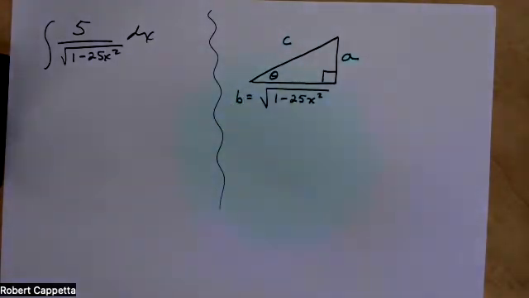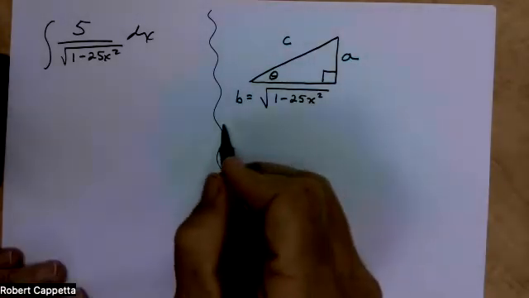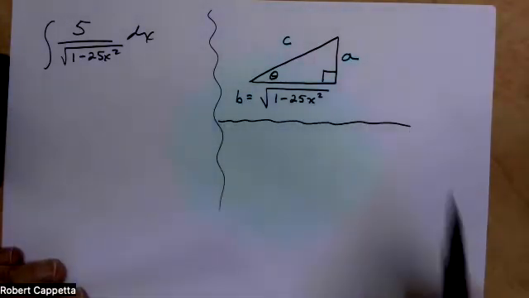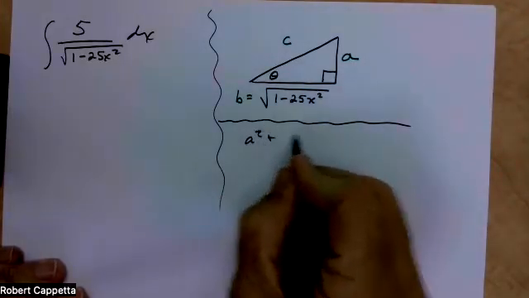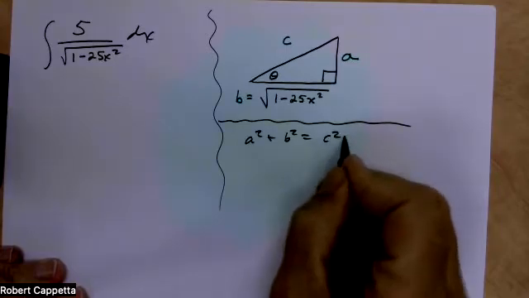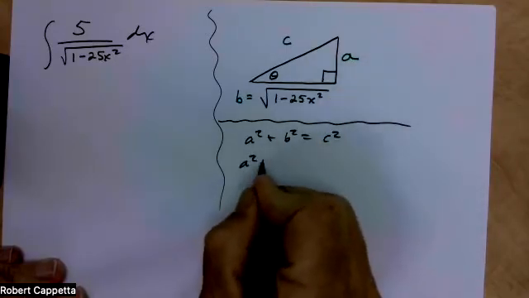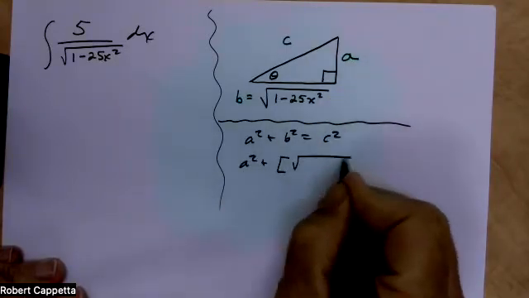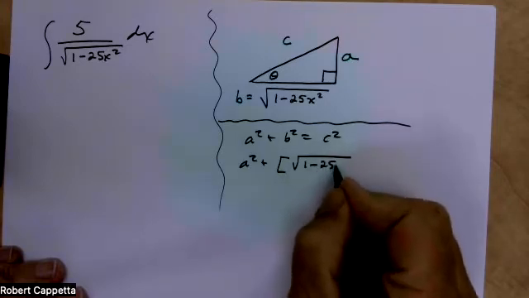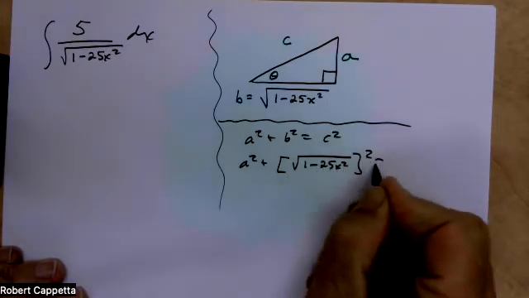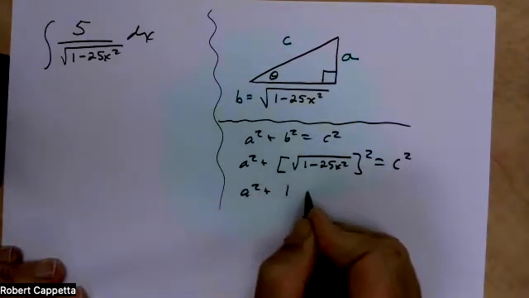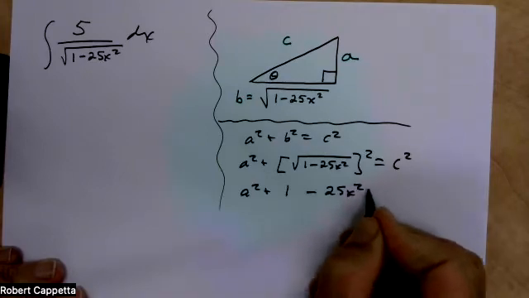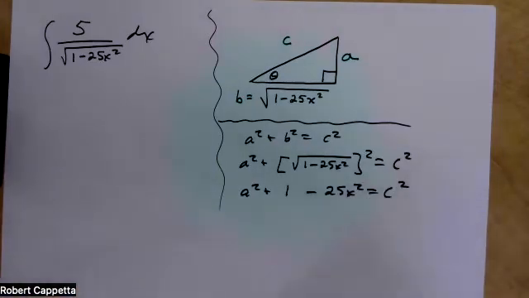So this really is the hardest part of the problem. How do I work with this triangle to get something that satisfies all the conditions of the problem? Well, we know from Pythagoras, a squared plus b squared equals c squared. So a squared, fine, plus b squared, the square root of 1 minus 25x squared, squared, equals c squared. So we get a squared plus 1 minus 25x squared equals c squared. And here's your key idea.